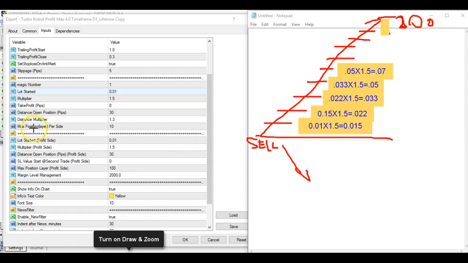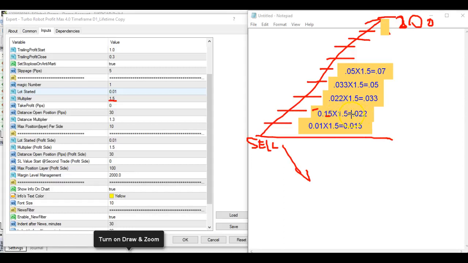The first position will be here, 1. You multiply the starting lot size of 0.01 by 1.5, so that's 0.015. That is your next lot size, this is the value.